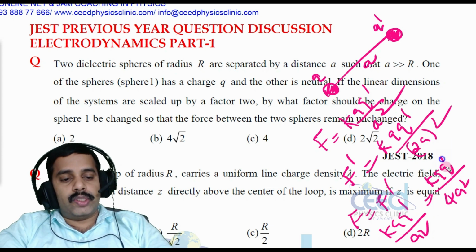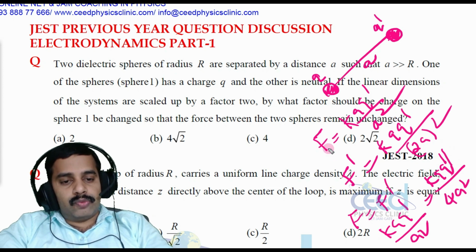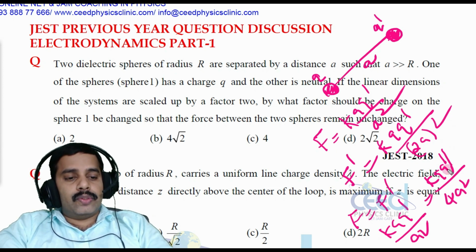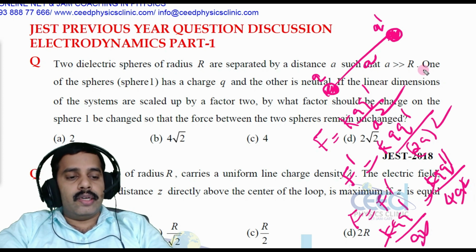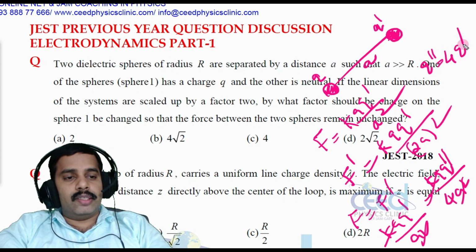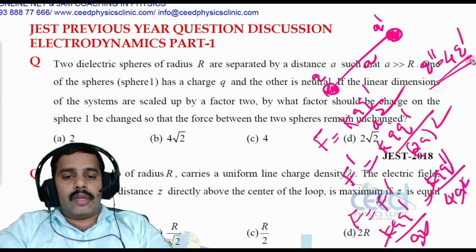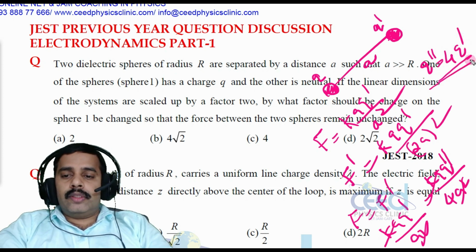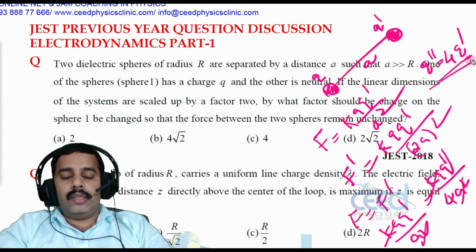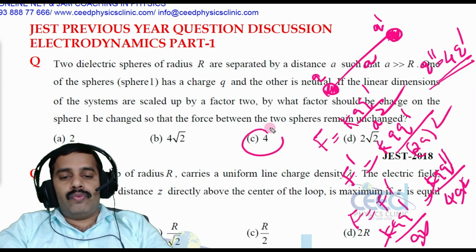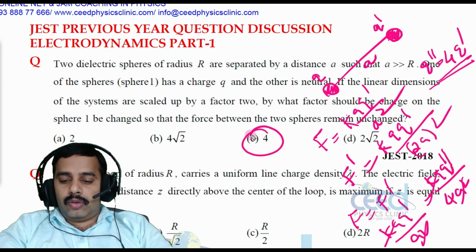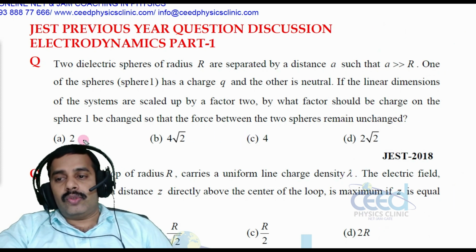So suppose the new charge changes to Q double dash when these forces are equal; this term and A square cancel, so Q double dash becomes 4 times Q dash. So the new charge on the sphere will be changed to 4 times. All right, so that is the first question.